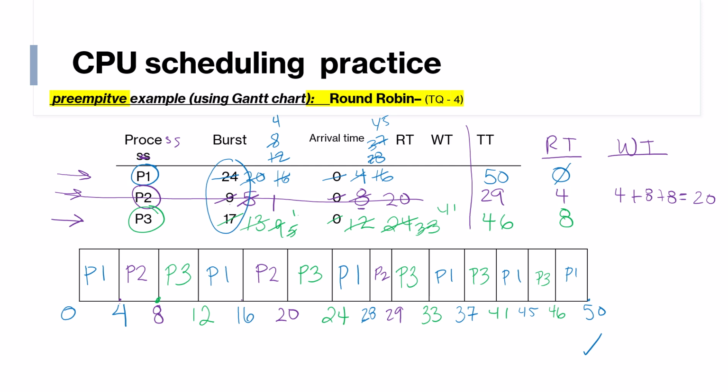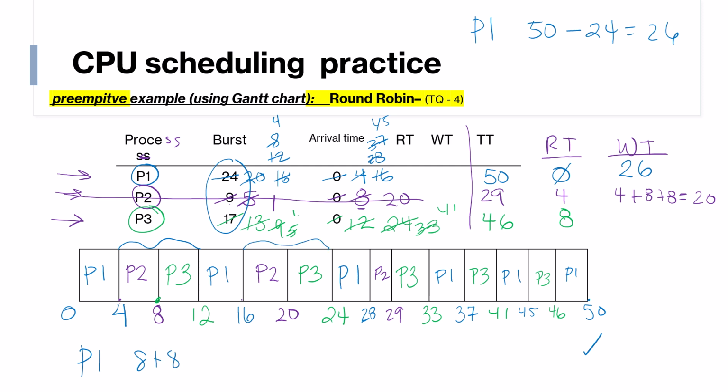So I could say for P1, 50 minus the CPU time, which is 24, equals 26. So the wait time for P1 should be 26. But let's double check P1's wait time. So P1 waited here 8 time units, right? It waited right here 8 time units. Then it waited here another 8 time units.